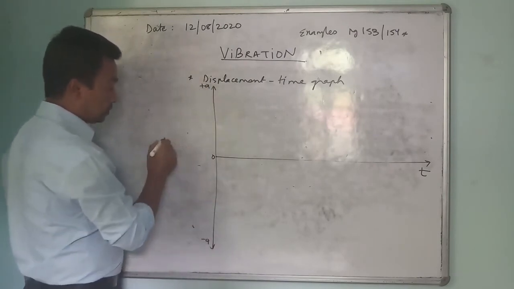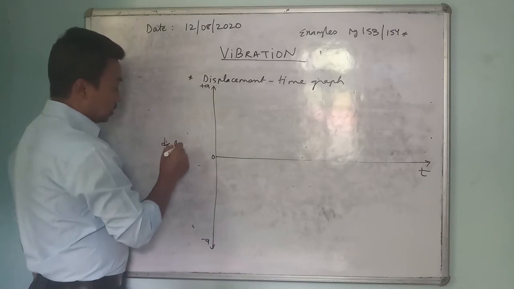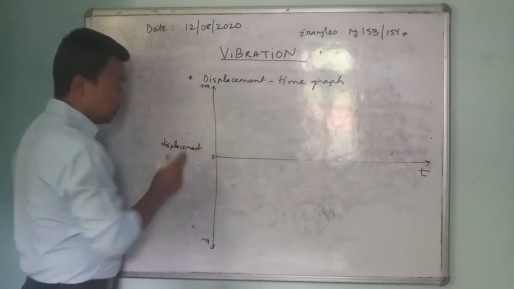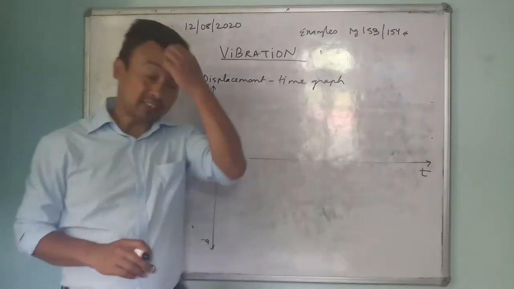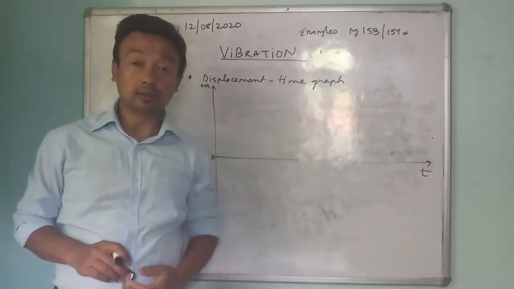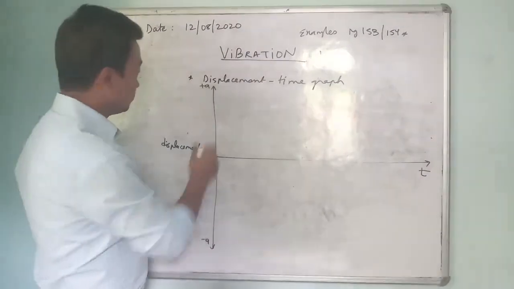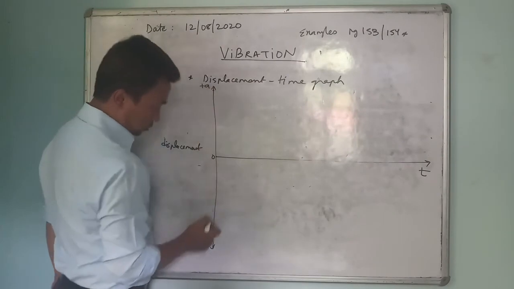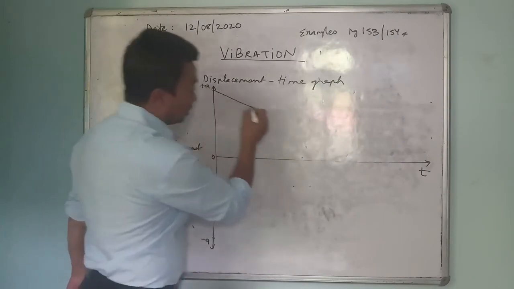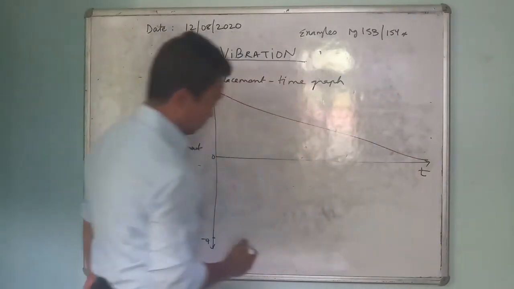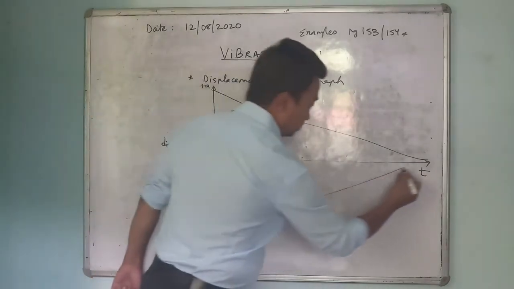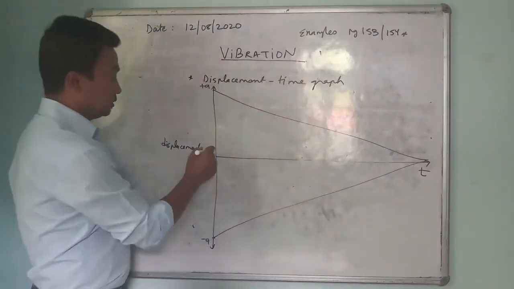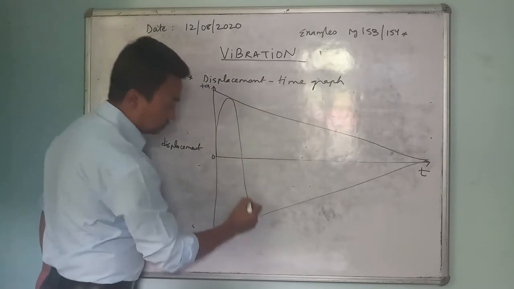A gives you the amplitude. This is the displacement, and all of you know that amplitude is the maximum distance made by the wave. So let us start from this point and let it come here. This is a rough sketch. Please refer to the textbook and make a neat diagram in your exercise copy.